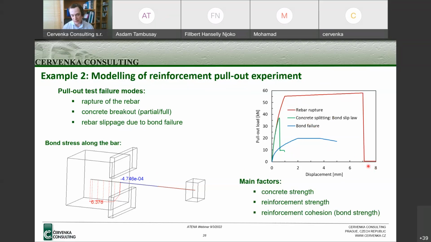Here I show the three possible outcomes, which depend on my concrete properties, my reinforcement properties, or on the cohesion, which one of these will be my final failure mode.